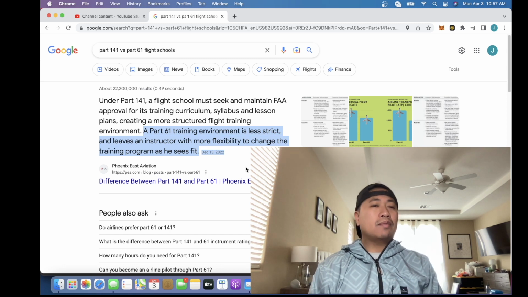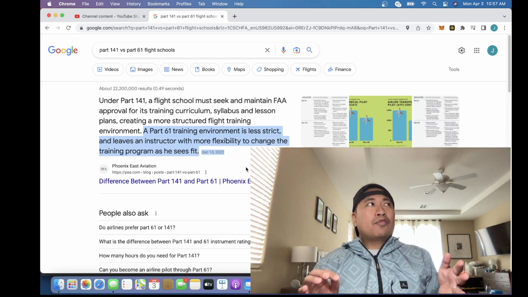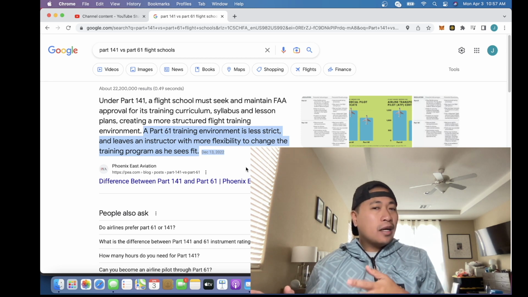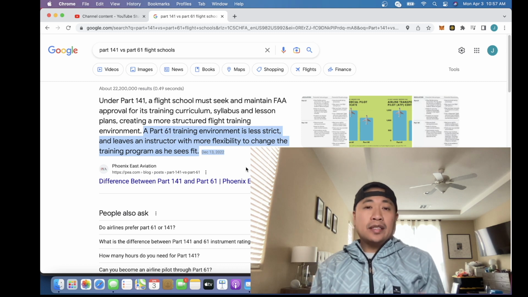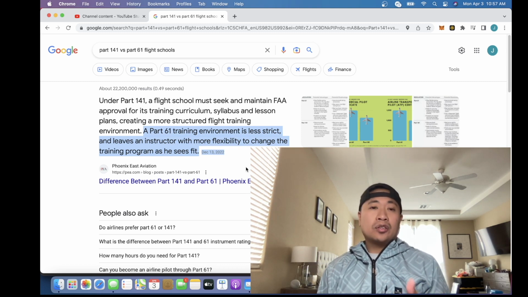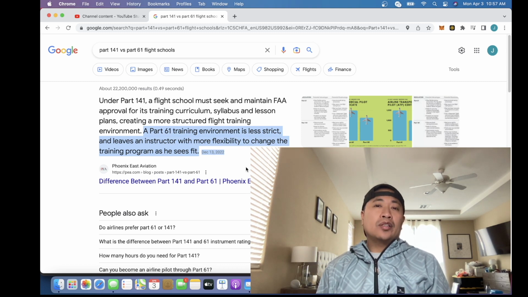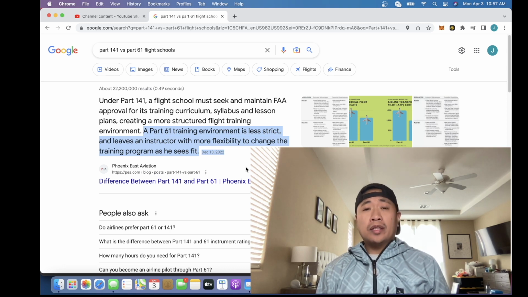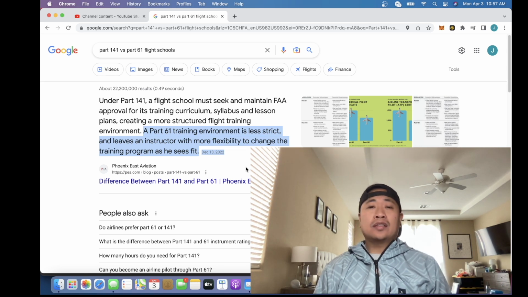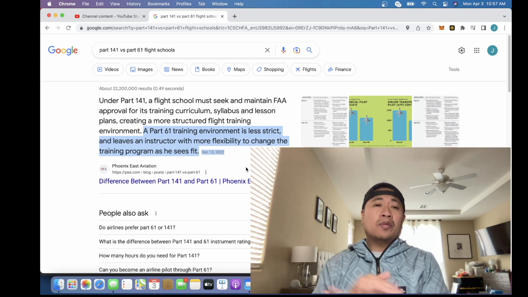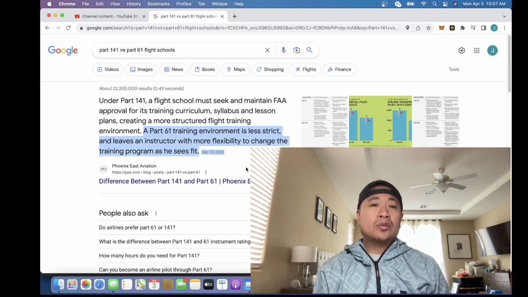One's for a person who has a life already, or is in another career and trying to get their private pilot to go to commercial, to go to airline, where he or she already has a job. Part 141 could be someone coming out of high school who doesn't know what they want to do, and they just go to a Part 141 school.